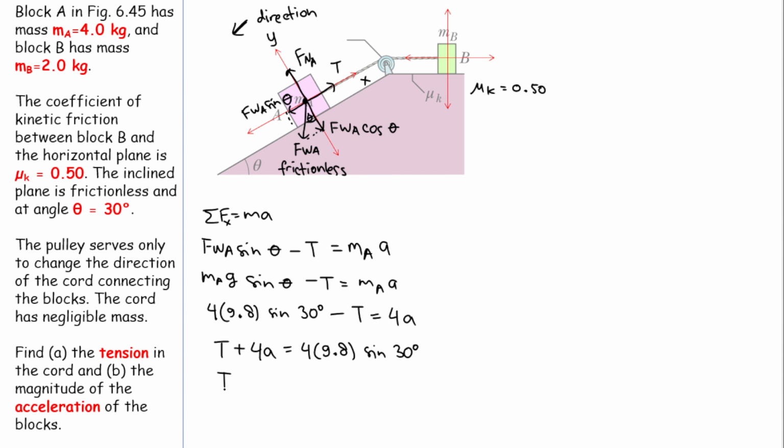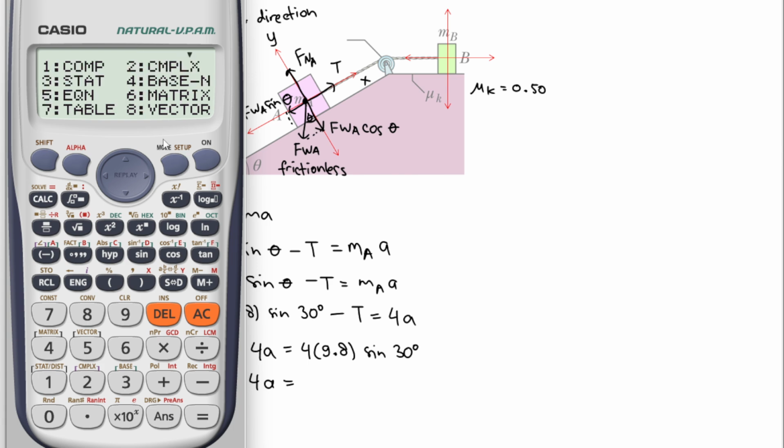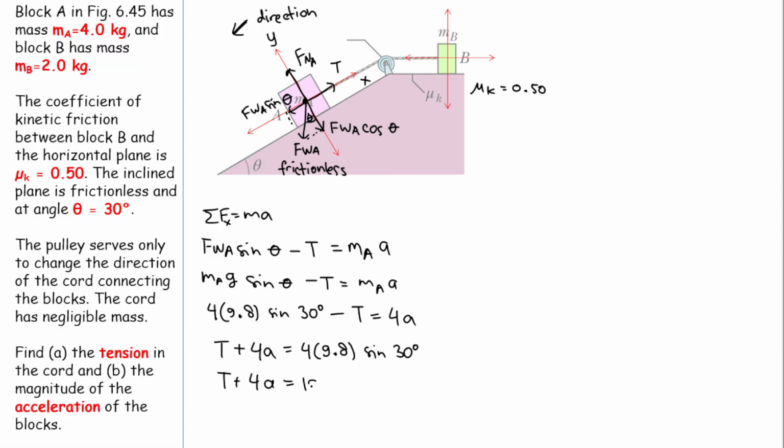Or we can calculate the numerical value in the calculator here. So we'll have 4 times 9.8 multiplied by sine of 30. Okay, and that will be 19.6. So we'll have 19.6, and here there is nothing more that we can do, right?